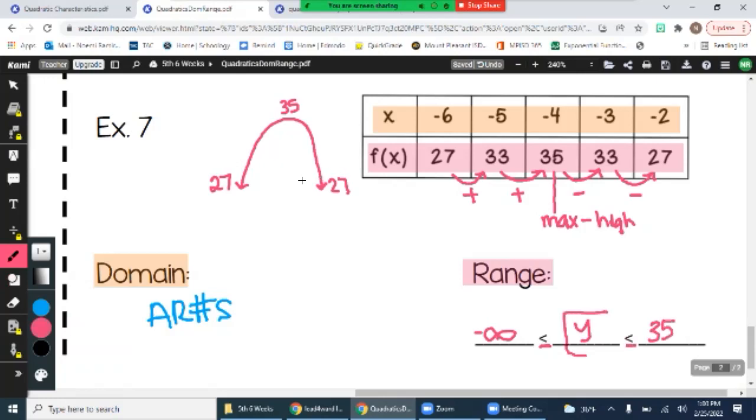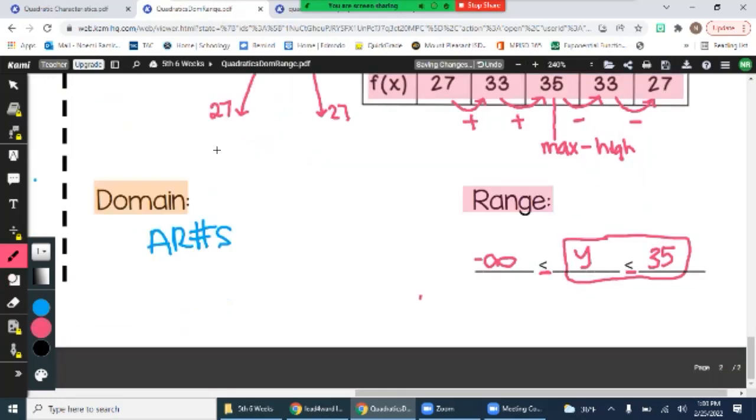Do we flip it? Nope. All right, so how do we write it in word form? Less than or equal to 35.